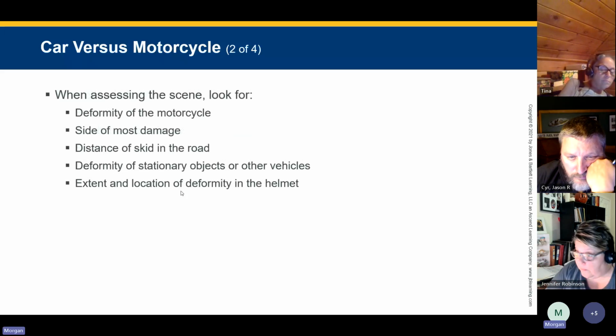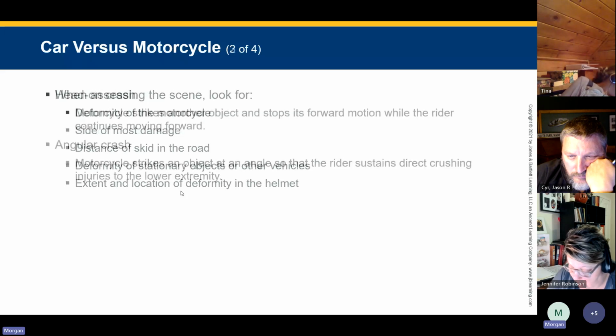So when assessing the scene, look for damage to the motorcycle, whatever the motorcycle hit, any skid marks, and the extent and location of damage to the helmet, because that's going to show where any brain injury might be in the brain as well.